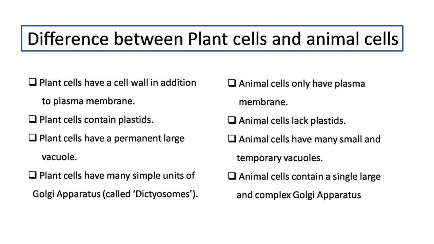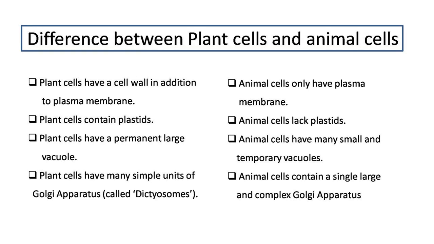Plant cells have a cell wall in addition to the plasma membrane. Animal cells only have a plasma membrane. Plant cells contain plastids. Animal cells lack plastids. Plant cells have a permanent large vacuole, whereas animal cells have many small and temporary vacuoles.